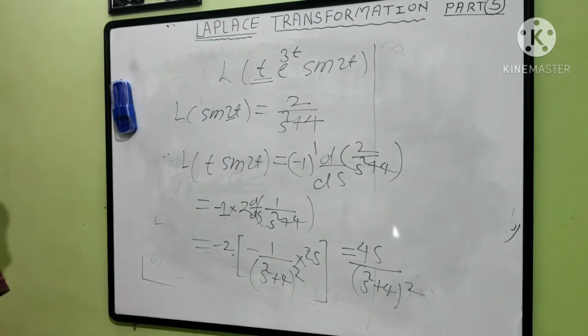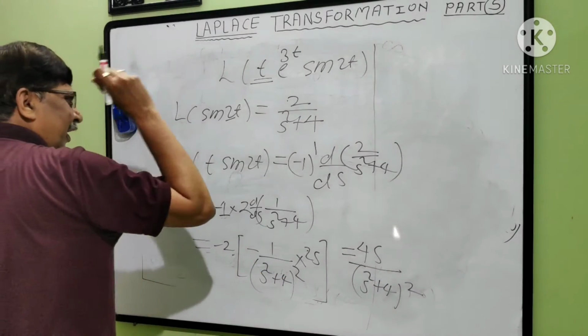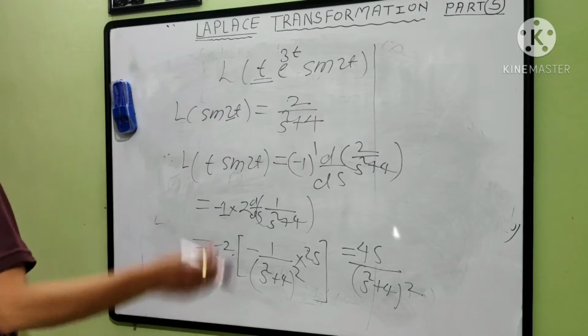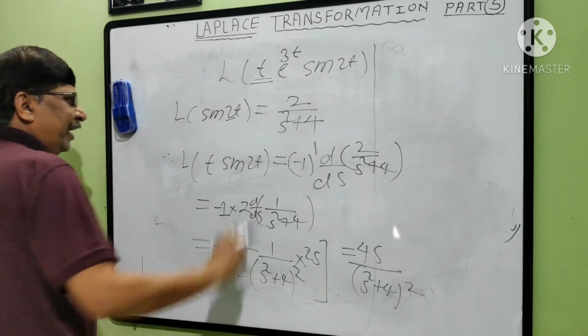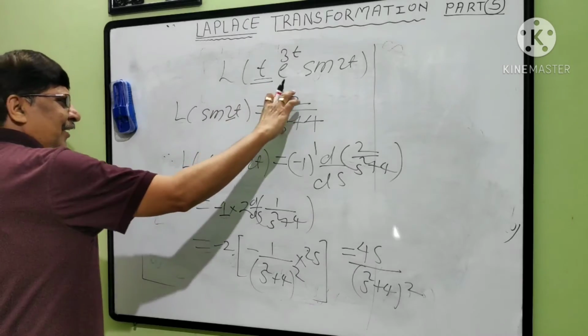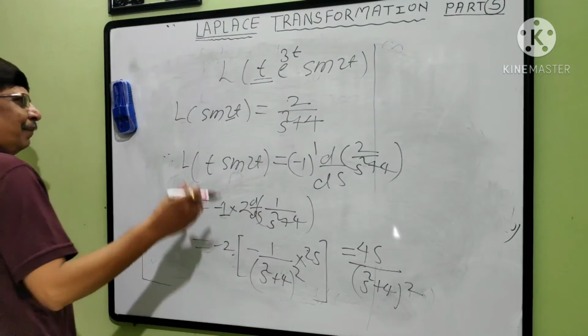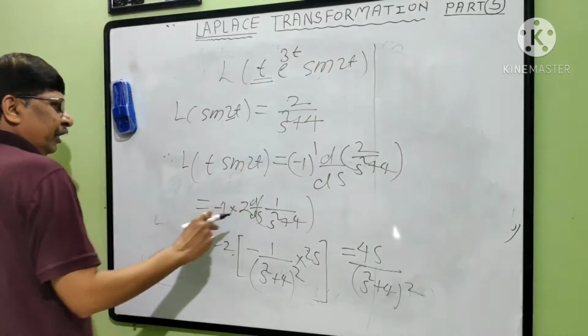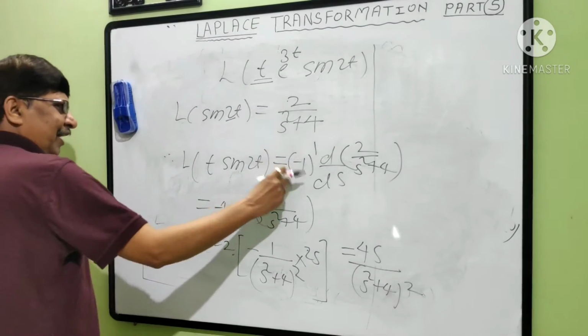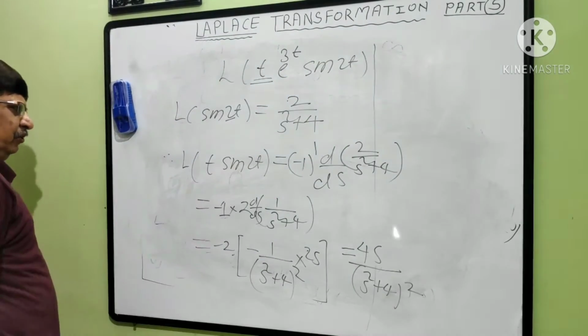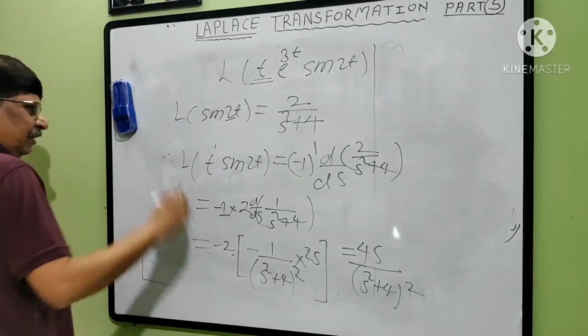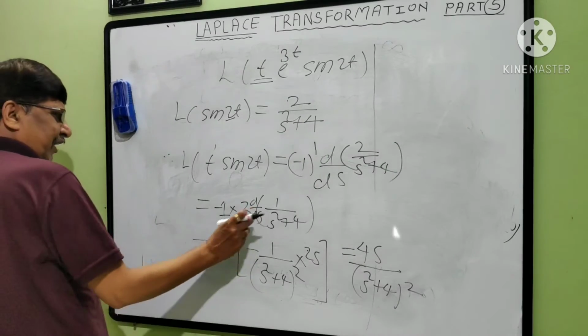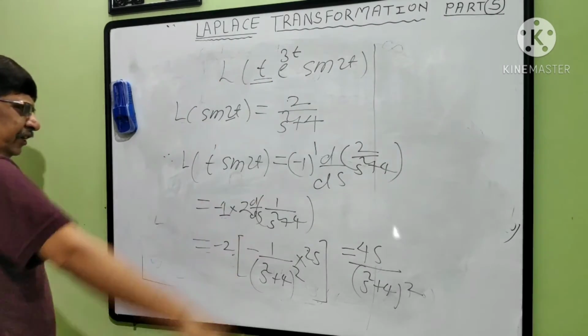Now this is the Laplace transformation of t sin 2t. What we have done here, you know, Laplace transformation of sin 2t, I have written that. From that, find Laplace transformation of t into sin 2t. As there is a multiplication by t, find the first derivative of this, because t raised to 1 is there, that is minus 1 raised to 1 means minus 1, and that is the first derivative of this.